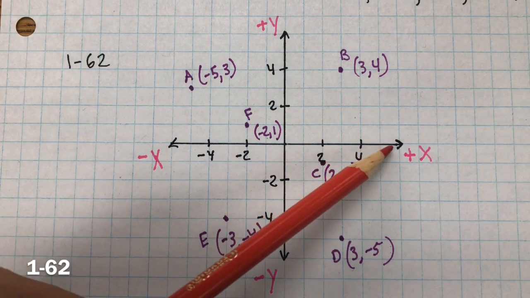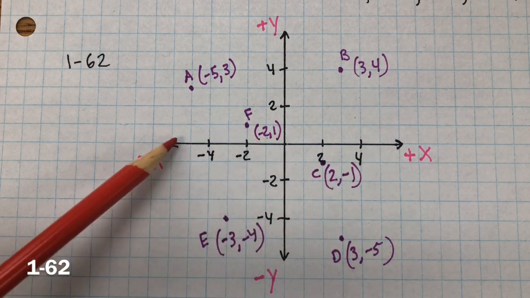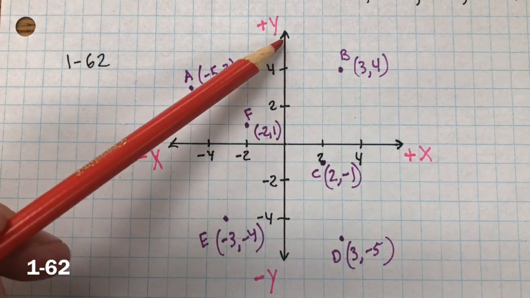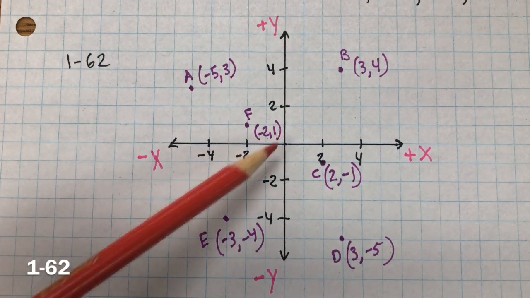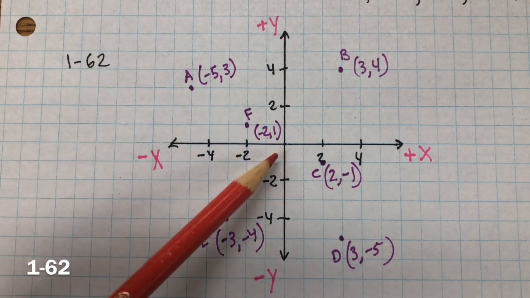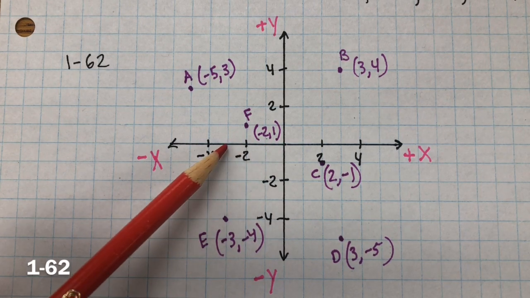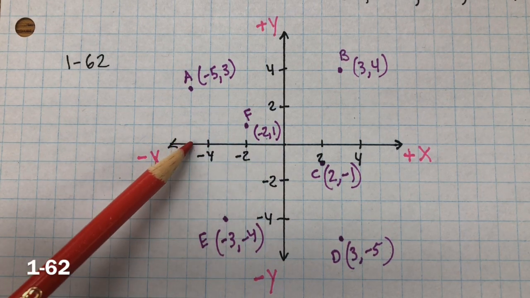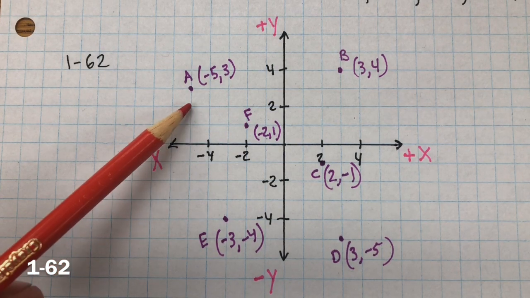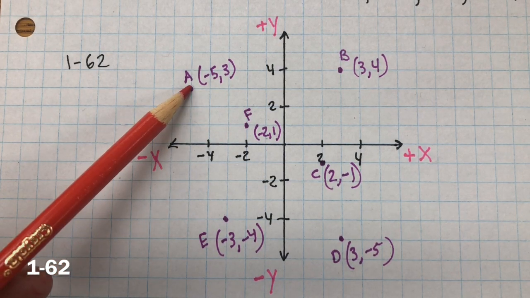To the right on the x-axis is positive, to the left negative, up on the y-axis is positive, down is negative. So for A, it's -1, -2, -3, -4, -5, and then +1, +2, +3 on the y.